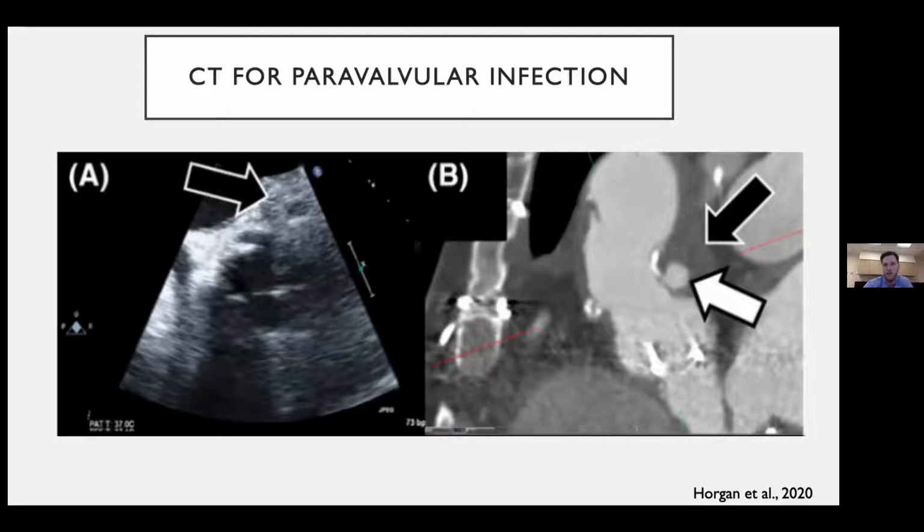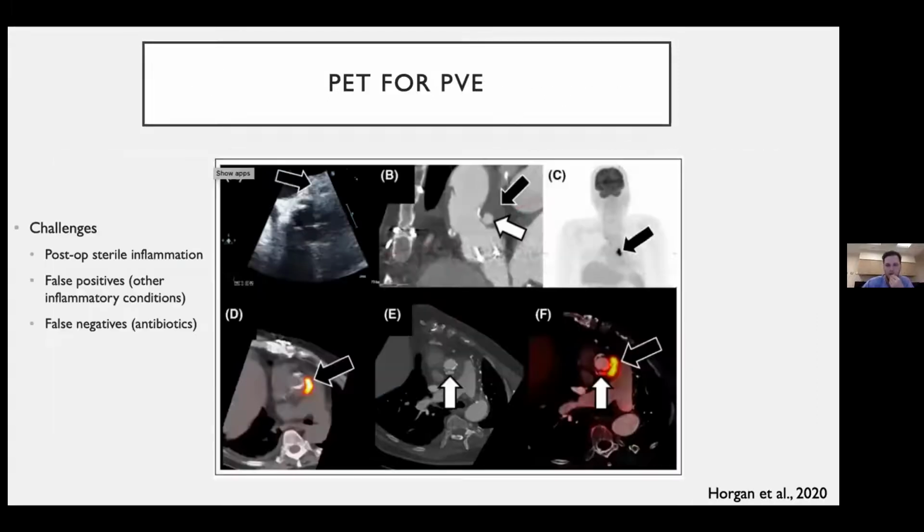So in panel B here, what you see is a gated CTA that was done and clearly demonstrated a paravalvular cavity communicating with the aorta. So it was diagnostic of a pseudoaneurysm. It's something they would not have picked up on this echo. This is the same patient, same case as the last slide.